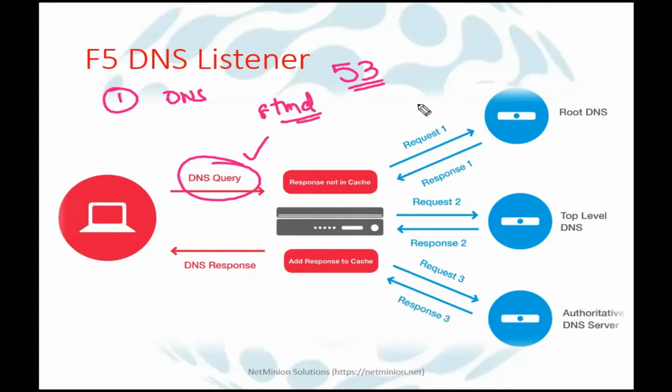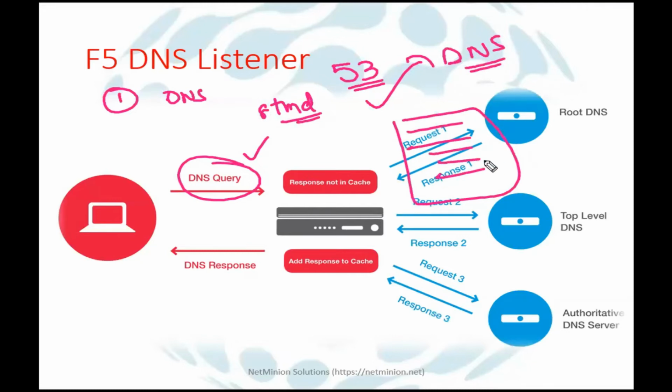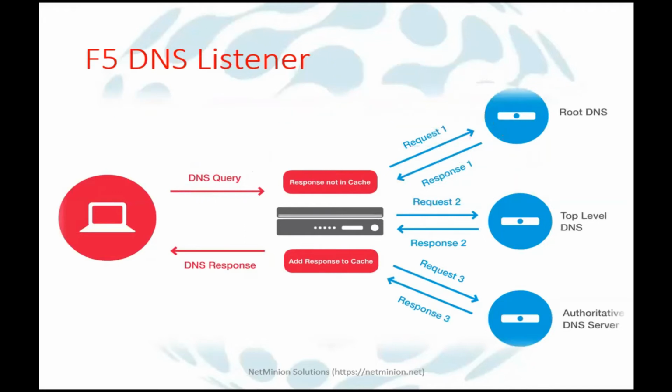Then the DNS listener will receive the DNS request and pass it to the GTMD process. Then the GTMD process will process the traffic locally or forward it to the external DNS, as per the F5 architecture I talked about some time before. Depending upon the resources and configurations you have, the listener will do that.